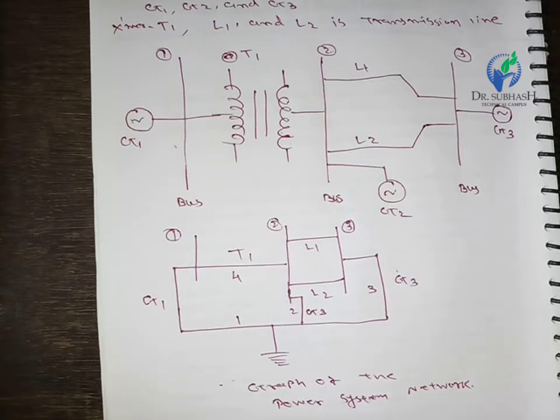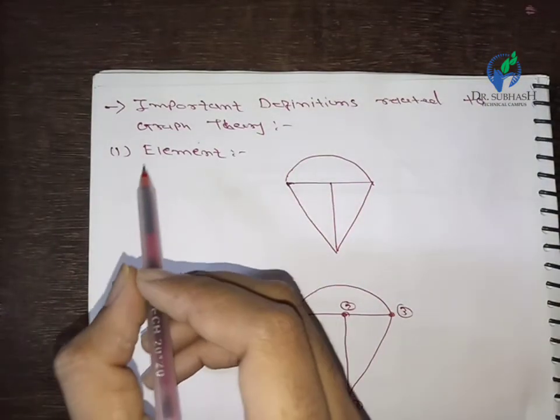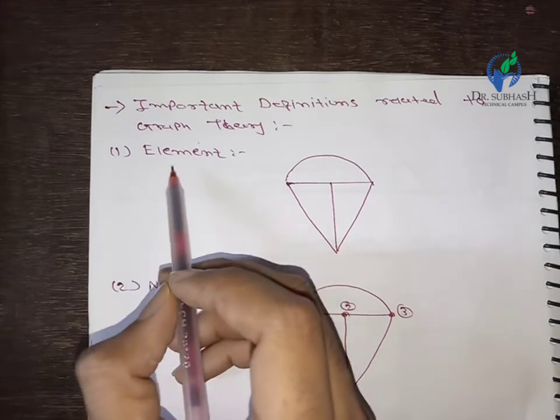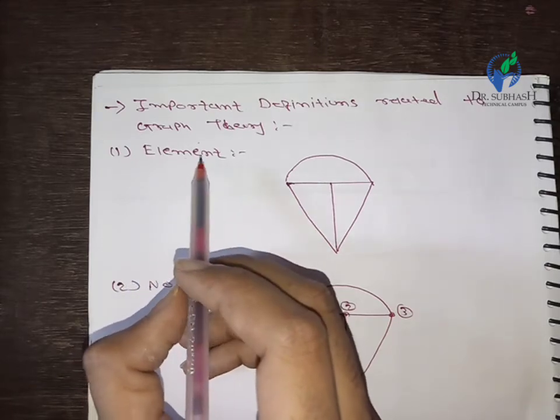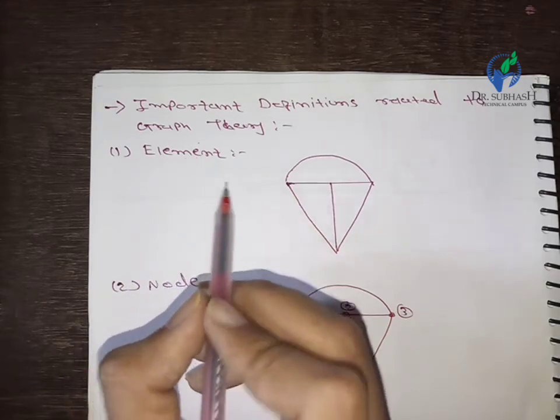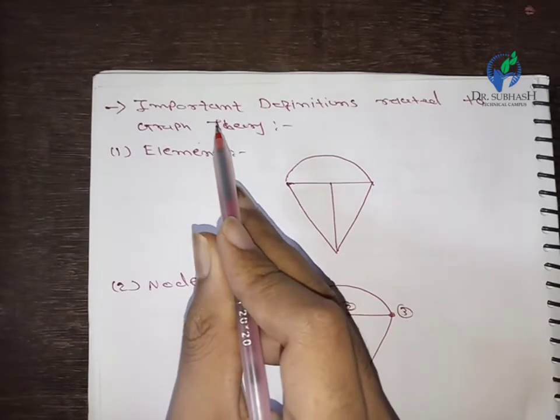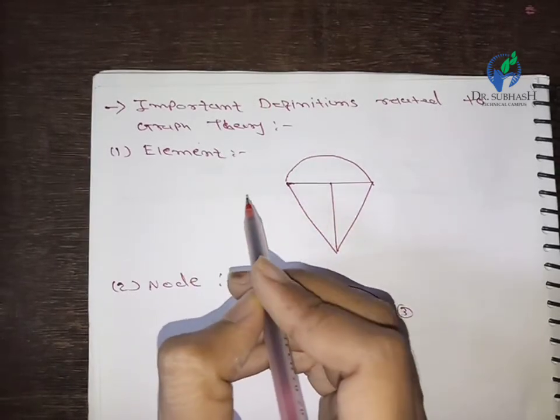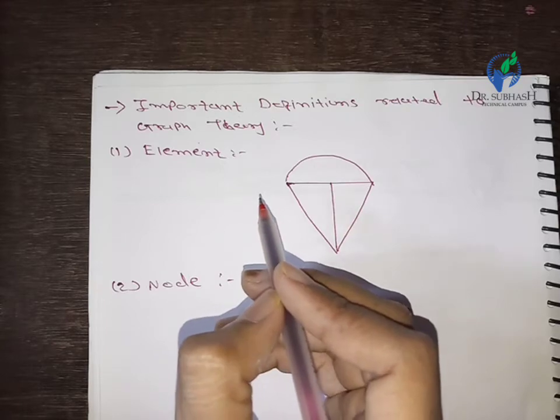Now we discuss the important terms related to graph theory. First of all, we start with the element. Each network element is represented by a line segment while constructing a graph for the network.